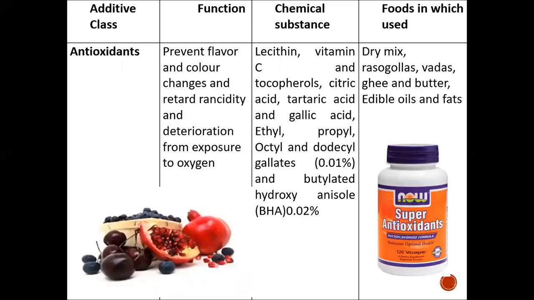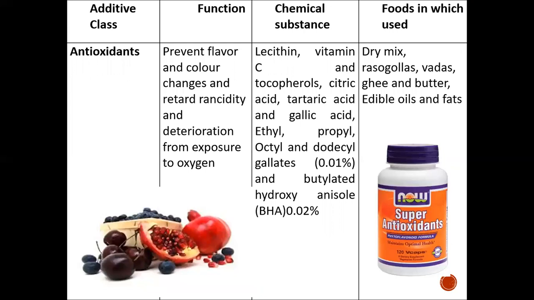Then antioxidants. An antioxidant is something which prevents oxidation. For example, you must have seen it in coconut oil. When oils or certain foods are kept in the open, a process happens, that is oxidation. It reacts with atmospheric oxygen and gives a particular flavor or change in color.